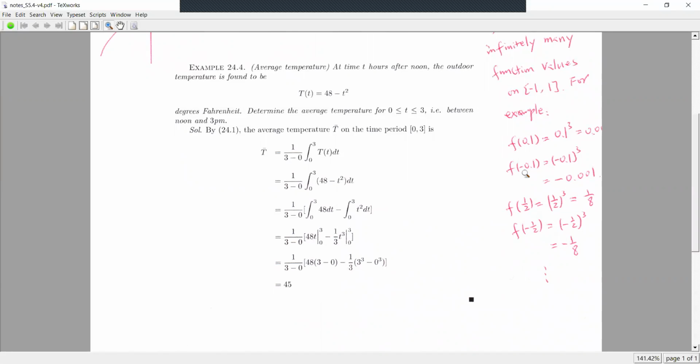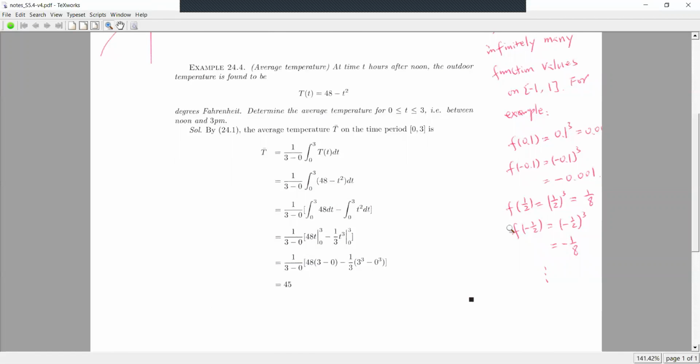The function value at -0.1 is -0.1 to the third. It is -0.001. These two function values are in one pair with opposite signs. One is positive, the other one is negative.